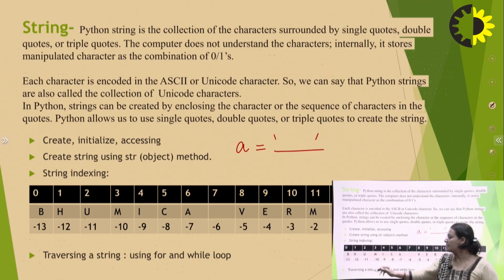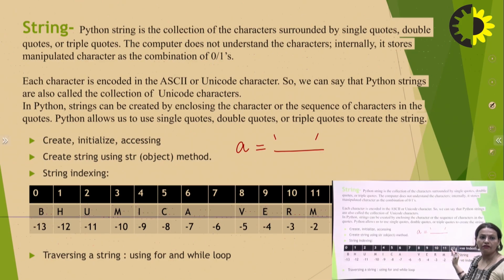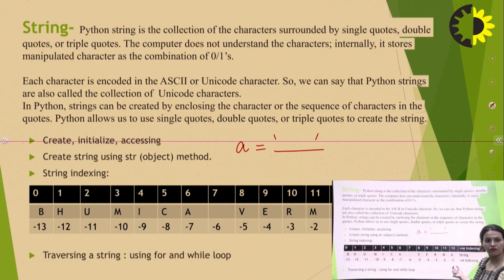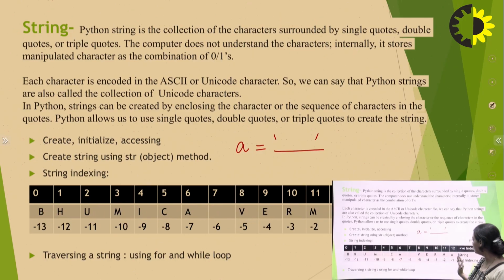Positive indexing is the sequencing of the characters from 0 till the last alphabet, including the spaces as well. In negative indexing, the last alphabet has the index -1, and it goes from back to front, here from -1 to -13.